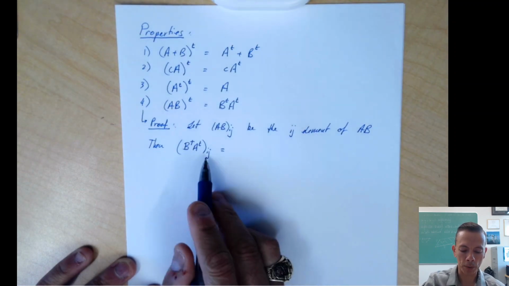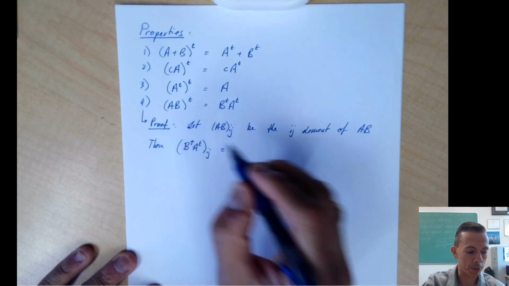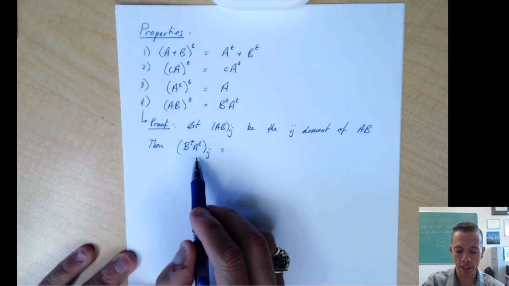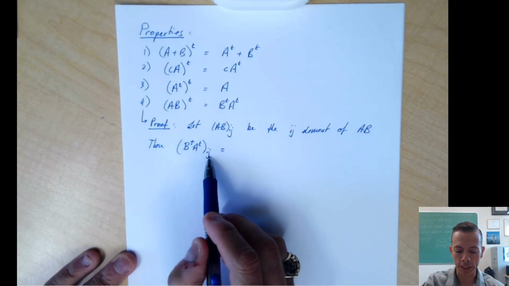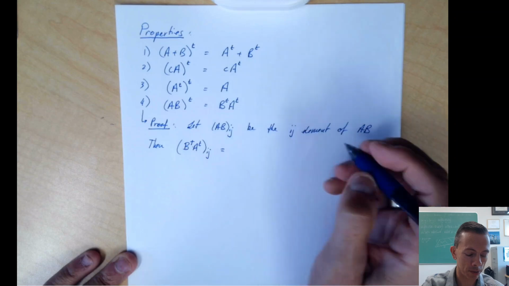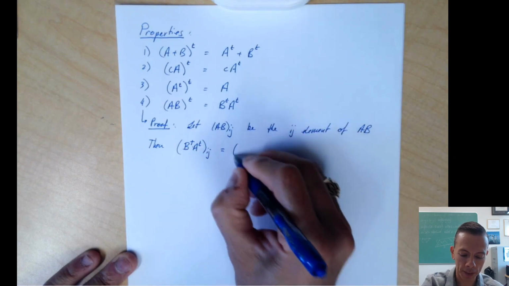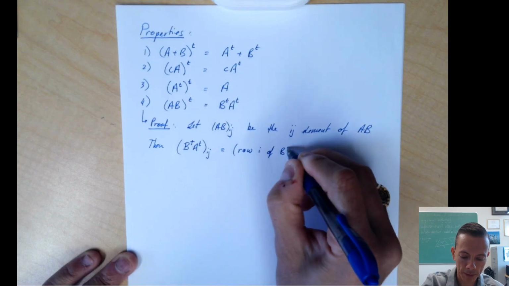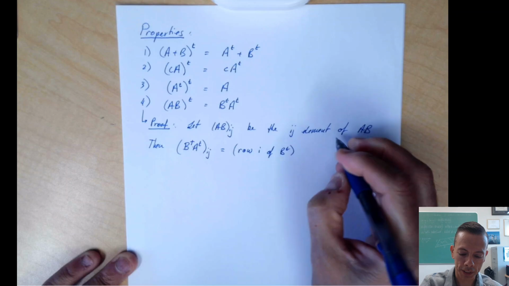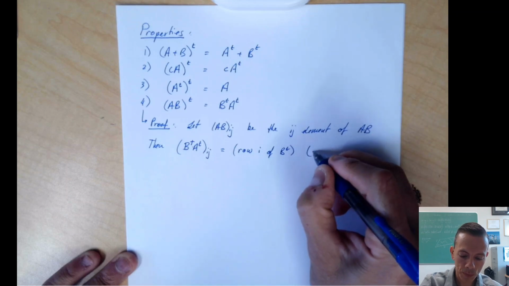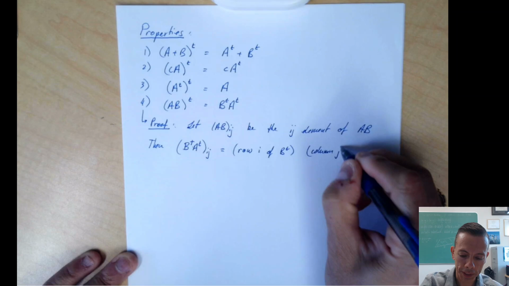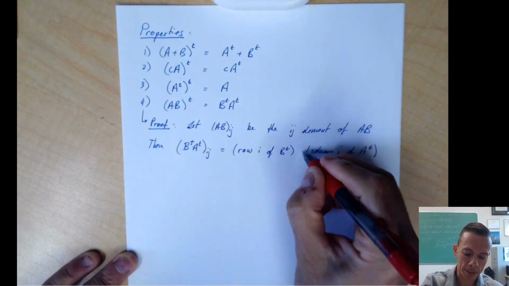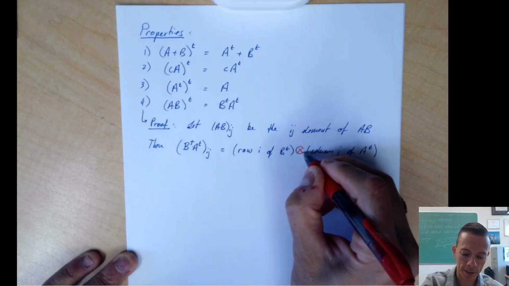So the way you calculate the elements of a product of two matrices is you take the ith row of the first matrix and you do the linear combination with the jth column of the second matrix. So this you can kind of symbolize a little bit informally as row I of B transpose, linear combination with column J of A transpose. And so here this is, you can call this linear combination.